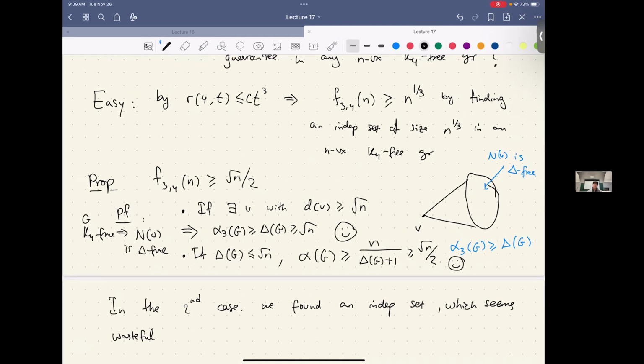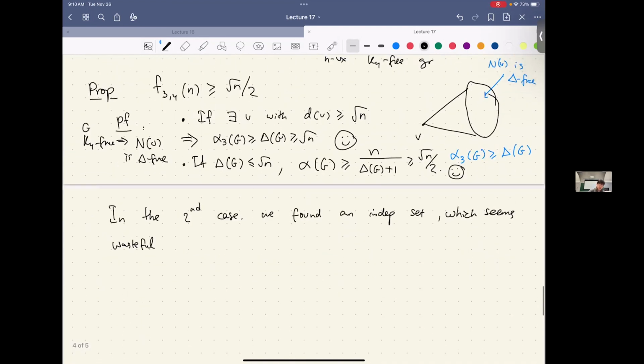As it turns out, square root n, even though it's a little bit wasteful in this argument, this simple argument already determines the order of magnitude of the power of n for f_{3,4}. This is a result by Wolfovitz, who proved that f_{3,4}(n) is at most square root n times some polylog n.